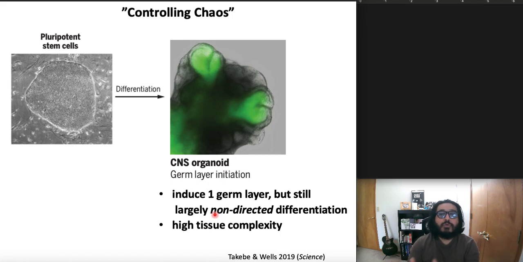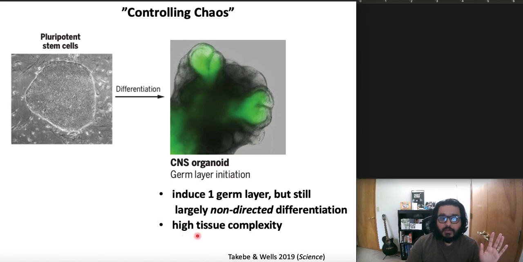We're saying, you tell us, organoid, what cell types you want to become. We say we're just going to have ectoderm, we pull out the ectoderm stem cells, but as ectoderm, you become whatever cell types you want. The level of control comes from looking at only one germ layer, with everything else non-directed.